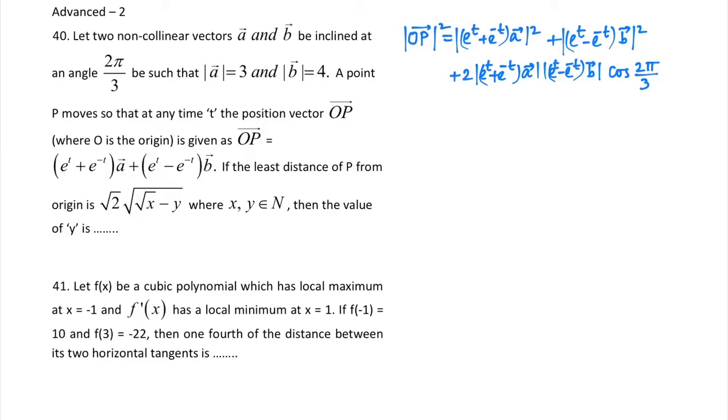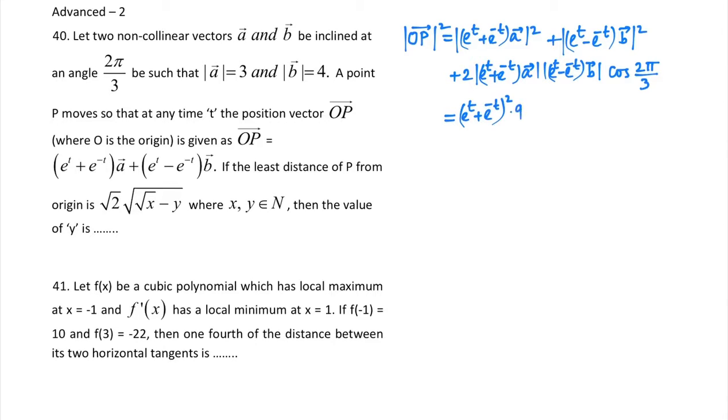So we have used the formula for resultant of two vectors. So now after this, if I simplify, since some values are given in the question, you can write this is equal to (e power t plus e power minus t) whole square.